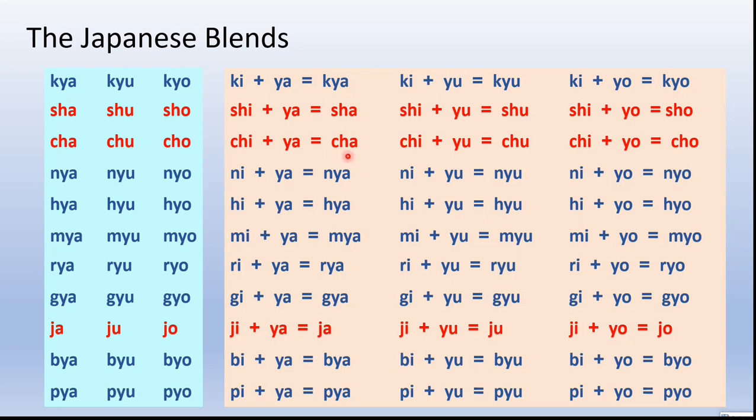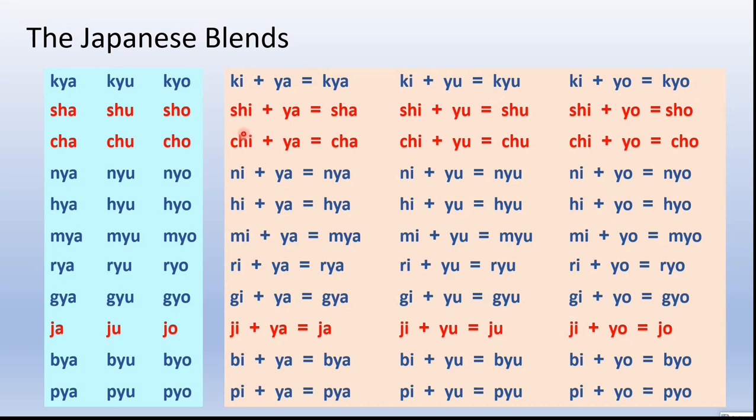So you can see, for example, in the first line, we combined first the k sound with the i vowel, that is ki, and then we combine it again with the ya sound, and it gives us kya. Similarly, ki plus yu, we get kyu, and ki plus yo, we get kyo. So this is how we get these blended sounds kya, kyu, and kyo.